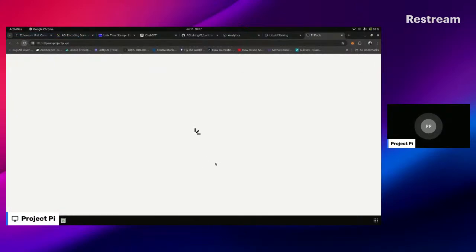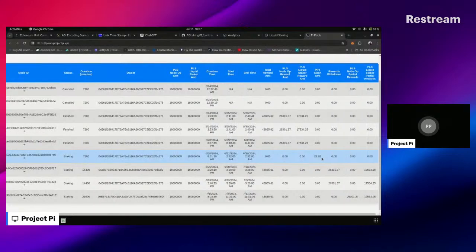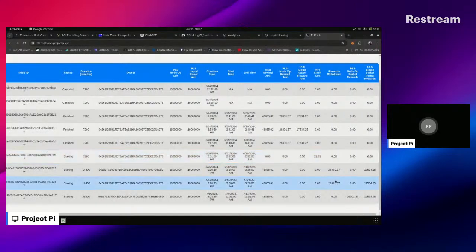Okay, number 8 is right here, and the rewards withdrawn is now in its correct location.